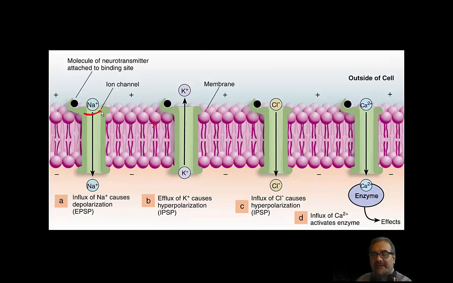So as sodium comes in, as channels open up in the membrane at the dendrite, the postsynaptic membrane, these sodium ions will result in a movement towards depolarization. But the movement isn't triggering an action potential. It's still a graded movement, right? It still isn't minus 60. It's between minus 70 and minus 60, let's say.